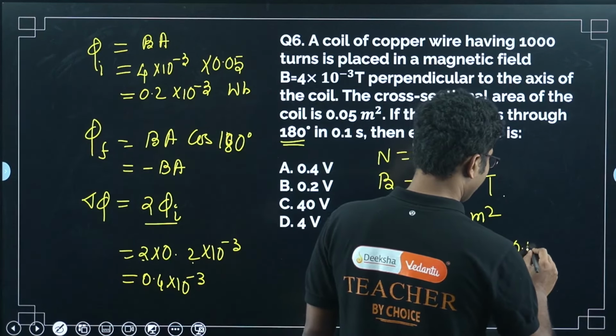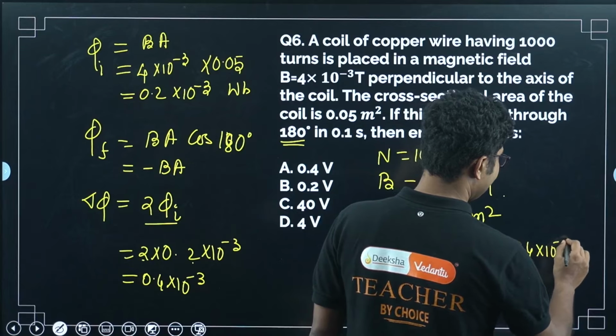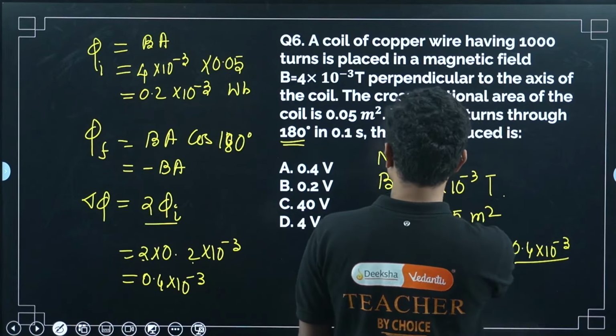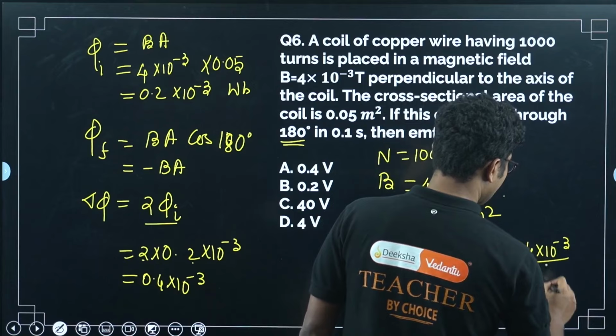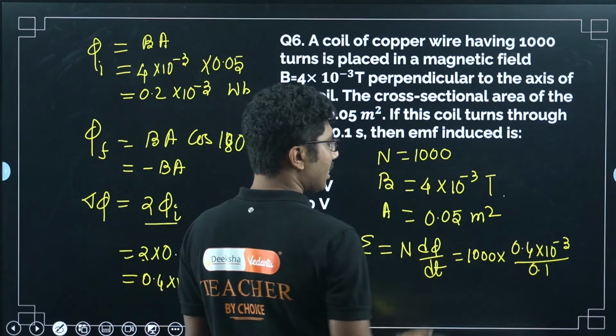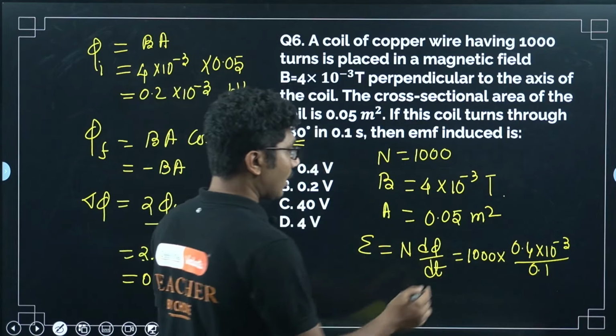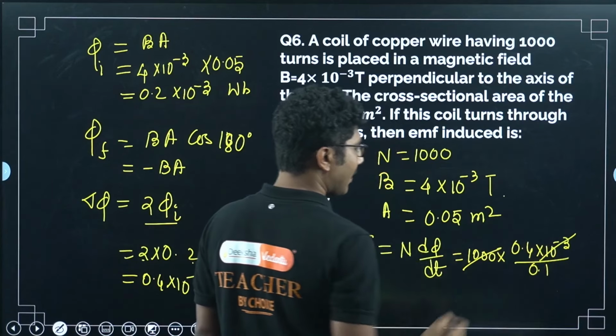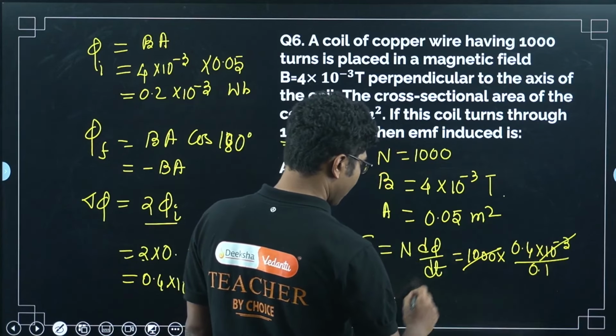This is divided by the time given, dt, which is 0.1 second. So now 1000 and 10 to the power of minus 3 cancel each other, right?